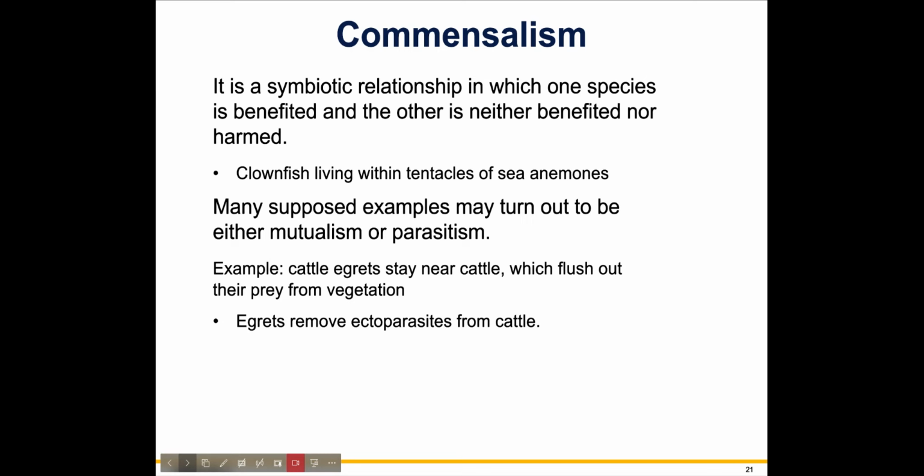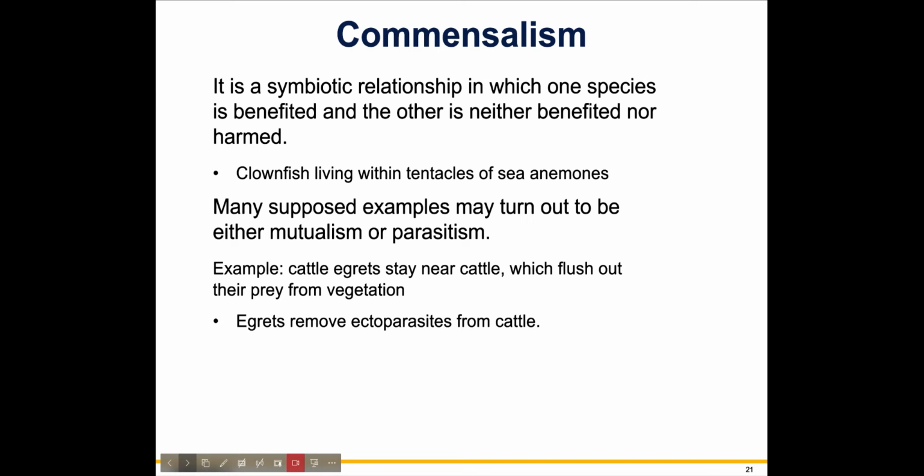One example is a bird called a cattle egret. They stay near the cattle and the cattle flushes out the insects that they eat. And also egrets get rid of parasites from the cattle.